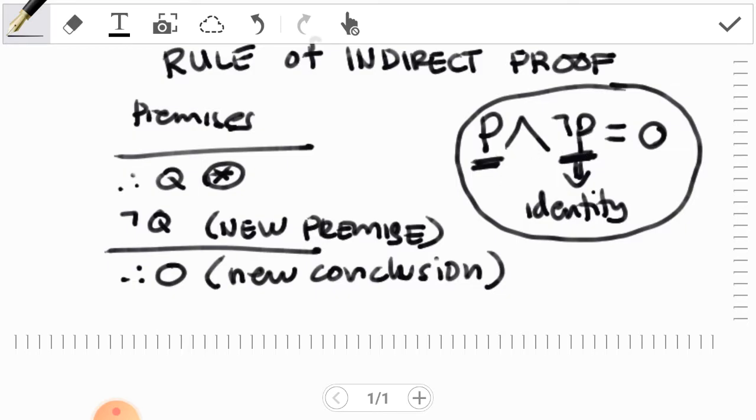You can have compound propositions as long as we have one proposition being negated, and we find the negation of that proposition in another premise. Then we just combine the two propositions using conjunction, which will give us a false value 0 based on the rule of replacement called the identity. Again, what we want to arrive at is a contradiction somewhere along our proof.